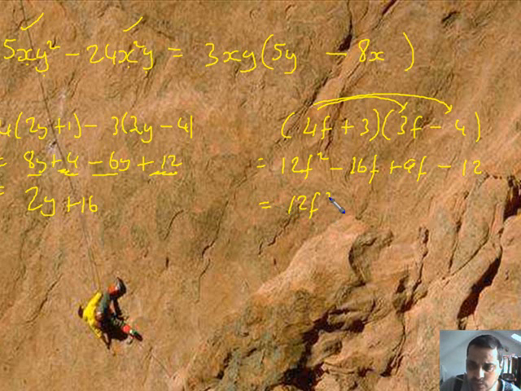Simplifying, 12f squared, minus 16 plus 9 will give me minus 7f's, because 9 minus 16 makes minus 7. And minus 12 at the end. That's that one done.